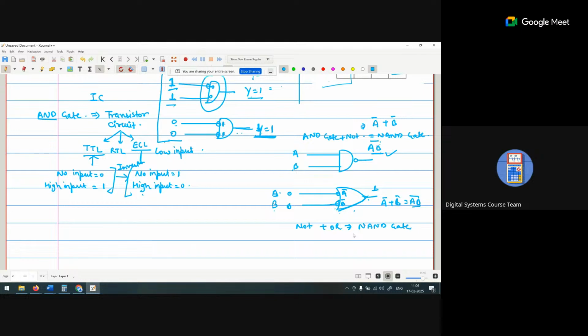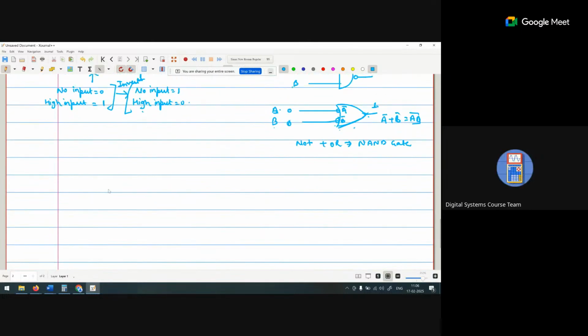But it depends if you are using the practical implementation. If you go to the practical implementation, you have to check whether your IC is an active low IC or an active high IC. You go to the market, you purchase one NAND gate IC. You apply 0 and 0 as input and you get the output 1. That is the property of the NAND gate satisfied. Second, you go to the market and purchase the OR gate IC.